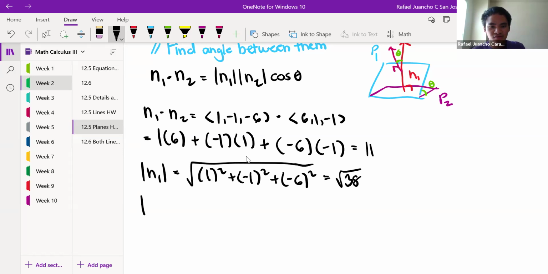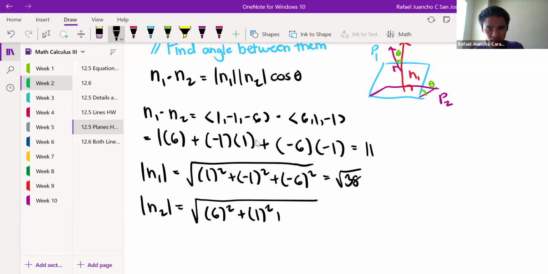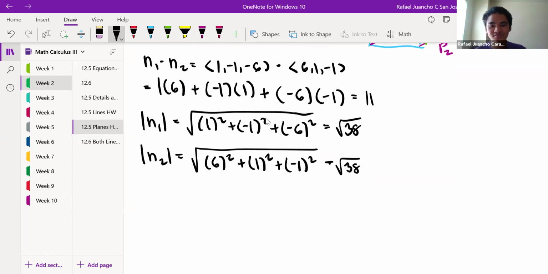And then we have N2. So we do the same thing. 6 squared plus 1 squared plus -1 squared, which is again also 38, right? Because 36 plus 2, 38.